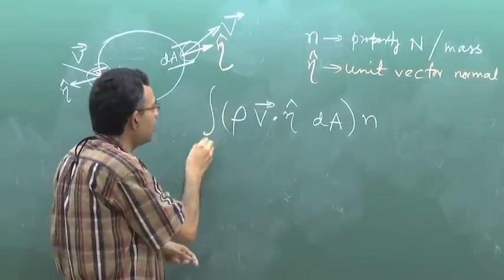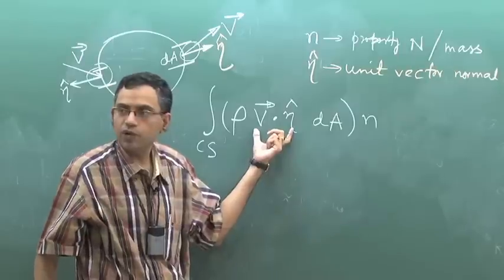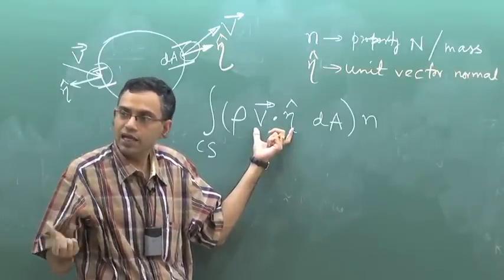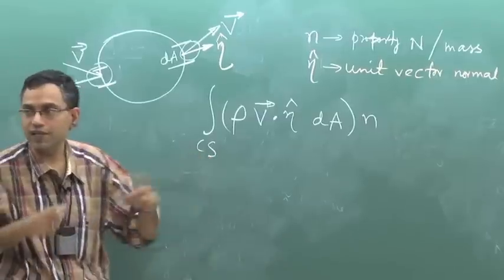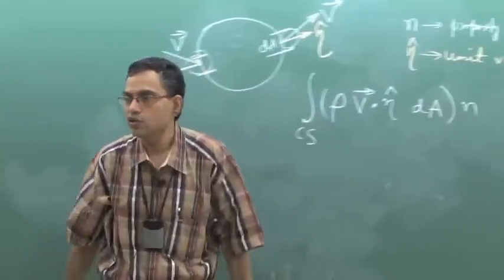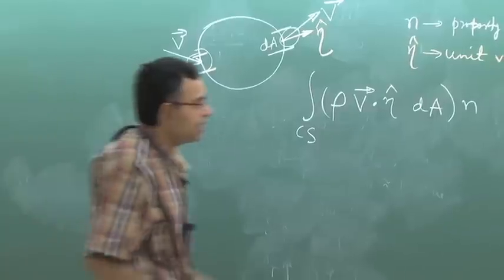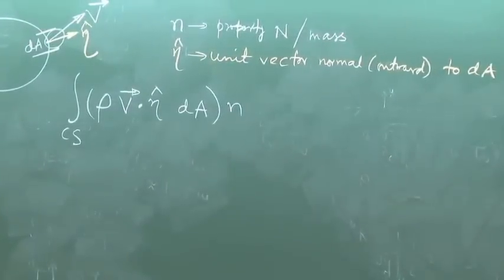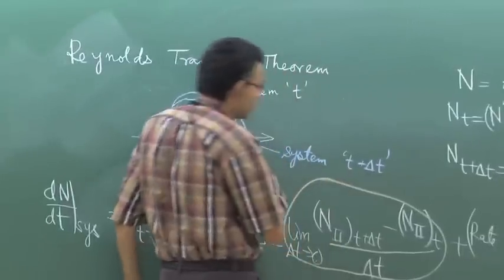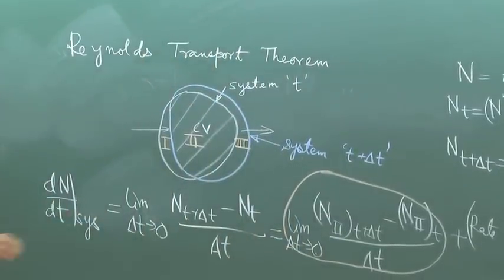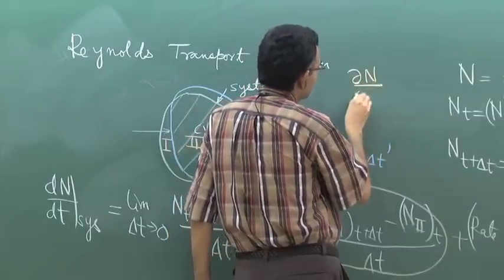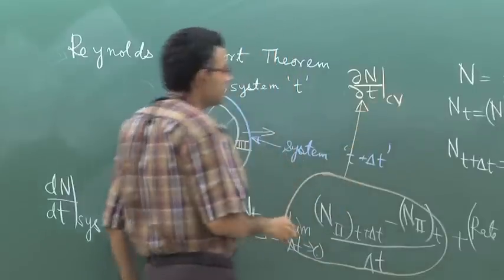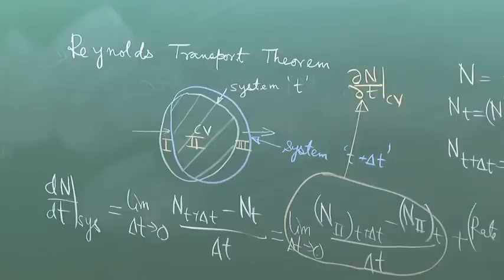If you now integrate it over the entire control surface, a positive dot product will mean the outflow part of the surface and negative dot product will mean the inflow part of the surface. Right? This CS is control surface, the surface that bounds the control volume. And the other term, which is this term, we can write as partial derivative of n with respect to time within the control volume.